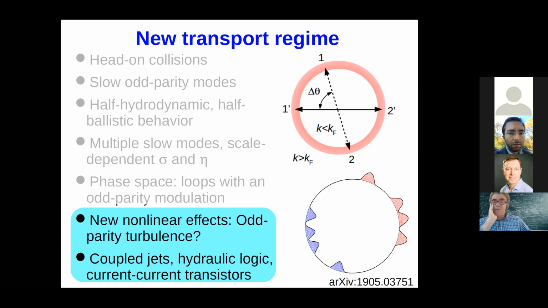That creates a new opportunity, because whenever you have a slowly relaxing mode, and even better, many of them, if you activate it, it will be long-lived, and during that long lifetime, any nonlinear coupling, even if it's small, will have a long time to develop, and that will produce some nonlinear behavior, and basically that's how ordinary turbulence takes place.